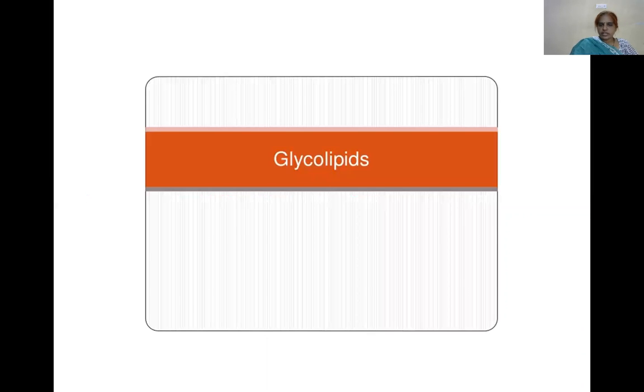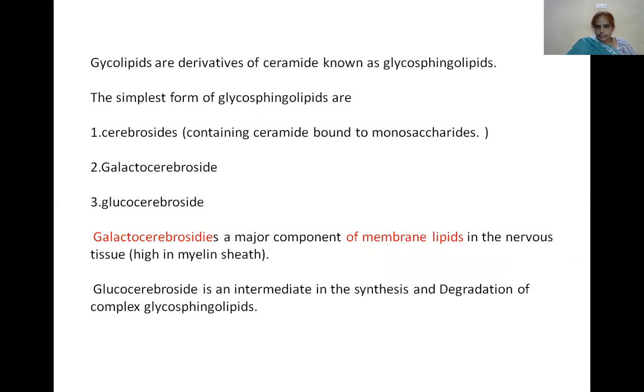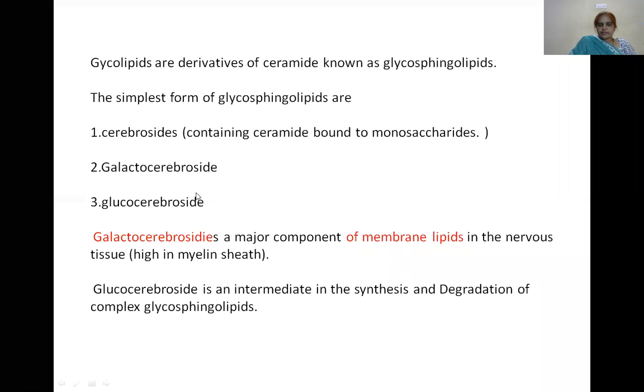Now see the glycolipids. Glycolipids are the derivatives of ceramide. The most important glycolipids are cerebrosides: galactocerebroside and glucocerebroside.